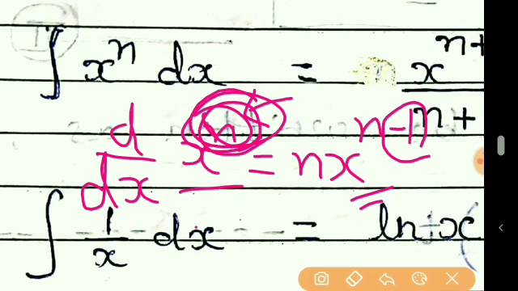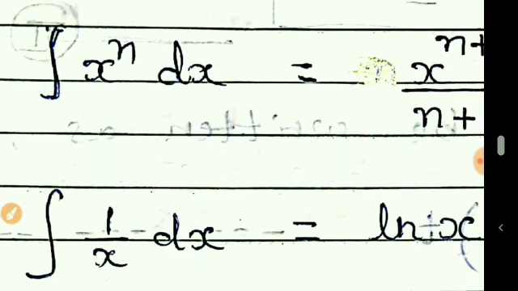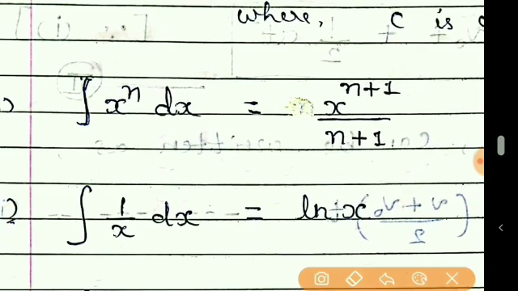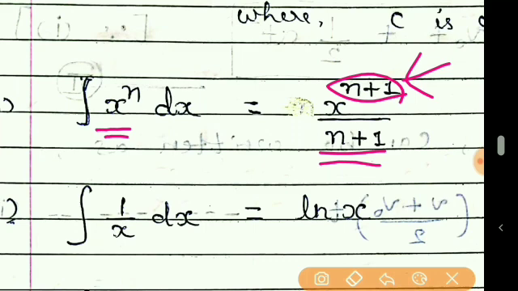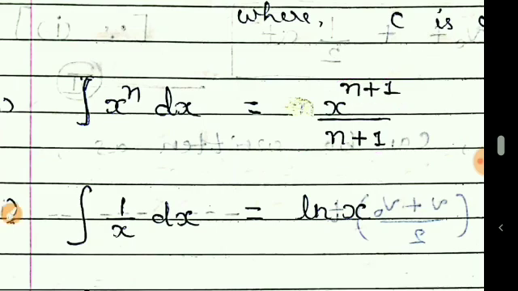In differentiation it was in multiplication, here it is in division. So once again, integration of x raised to n: just increase the power of x by 1, then write whatever the new power is in the denominator, so we divide by that power.